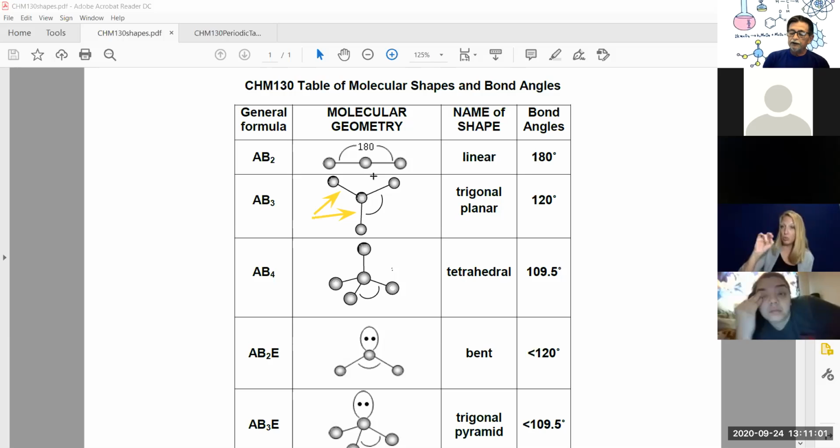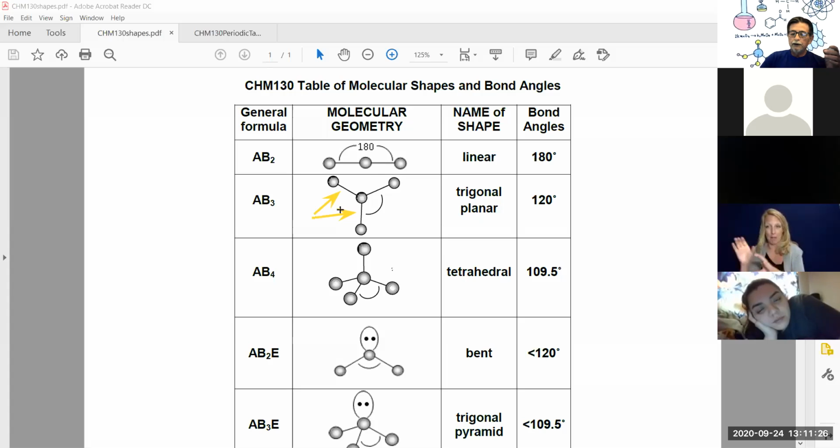Now we get to the next one, AB4. Again, we have that bond angle is 109.5. That is an angle between 2 Bs, whatever B may be. That configuration is called tetrahedral, and generally is the most common type of configuration or geometry that you find for chemicals.